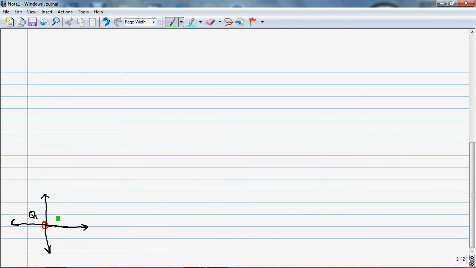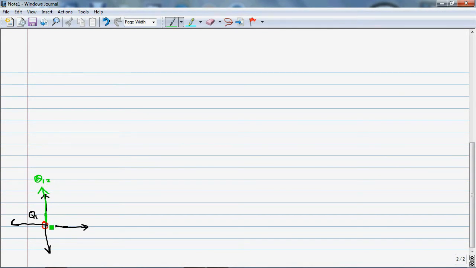So I want to know which direction the force is going to be on this charge due to charges 2, 3, and 4. Well, charge 2 is the opposite charge, so the positive charge is going to be attracted to it. This direction we're going to call theta 1, 2. So this angle is the angle of the force on charge 1 due to charge 2.